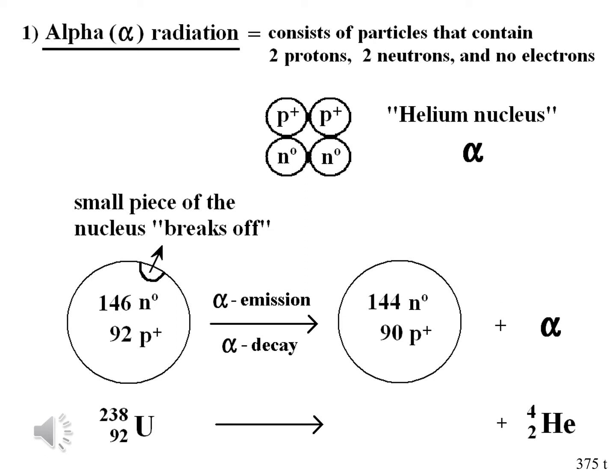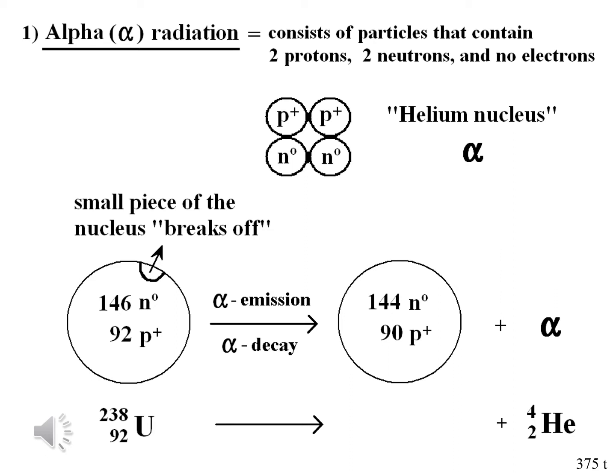And we did the same thing with the uranium that you're starting with. Uranium has 92 protons to start with, and if you take 238 minus 92, it tells you 146 neutrons. If you give off an alpha particle, you're going to end up with 2 fewer neutrons and 2 fewer protons. This is called either alpha emission or alpha decay.